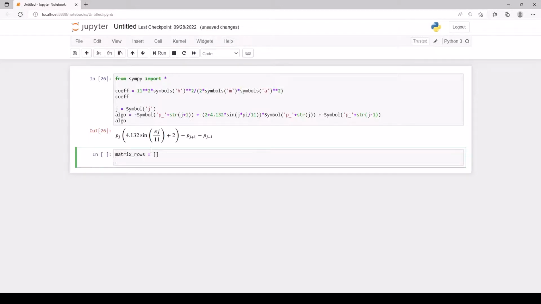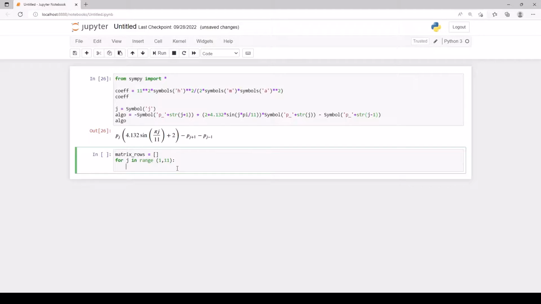Next, I know that j goes from 1 to 10. So I'm going to say for j in range 1 to 11, because remember, range stops right before the integer at the end. So this is going to give me j equals 1, 2, 3, 4, 5, 6, 7, 8, 9, and 10. Next, I'm going to define the individual rows of my matrix, because since we're splitting into j equals 10, our matrix is going to be a 10 by 10.